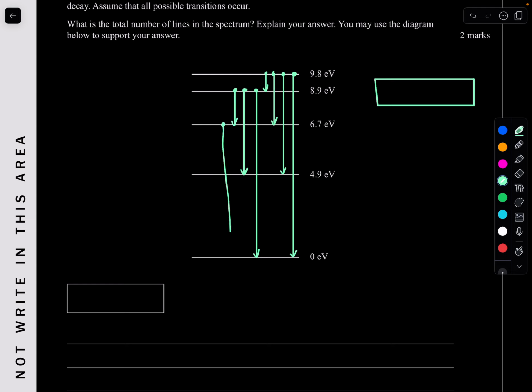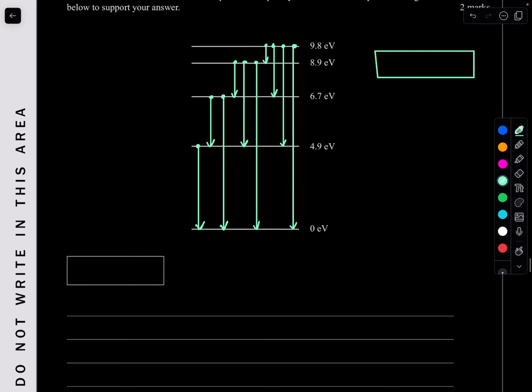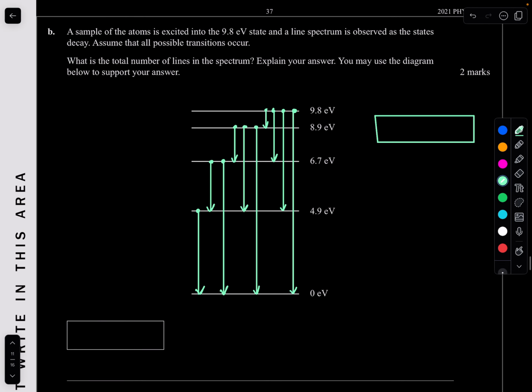What else? This one also, this one here, and this one over here. So if I haven't made a mistake, these are all the possible ones. 1, 2, 3, 4, 5, 6, 7, 8, 9, 10. Yes, so 10 possible emissions when it's excited at 9.8 electrovolts.